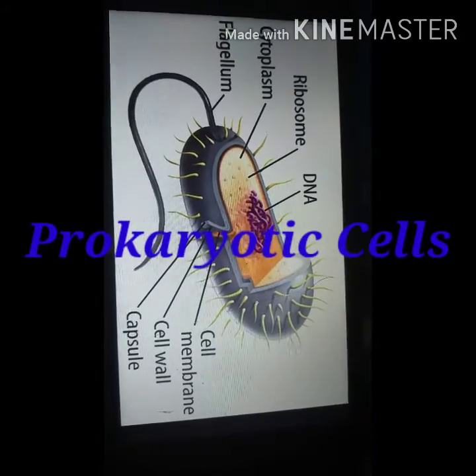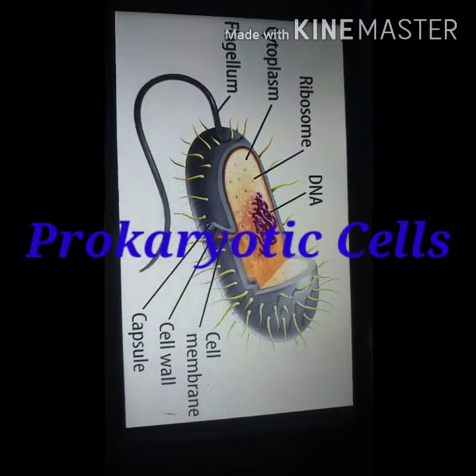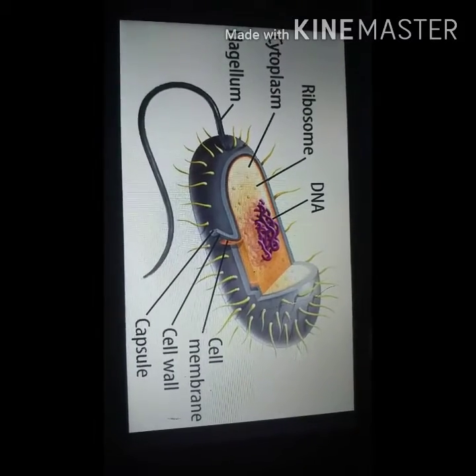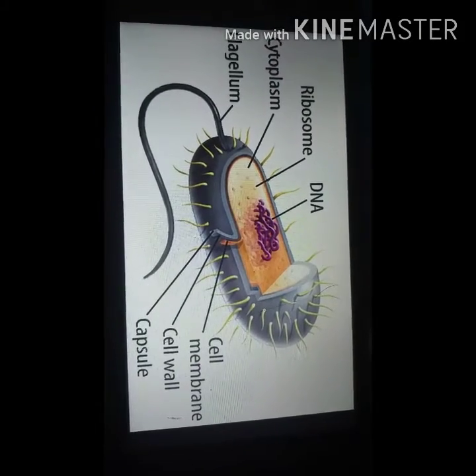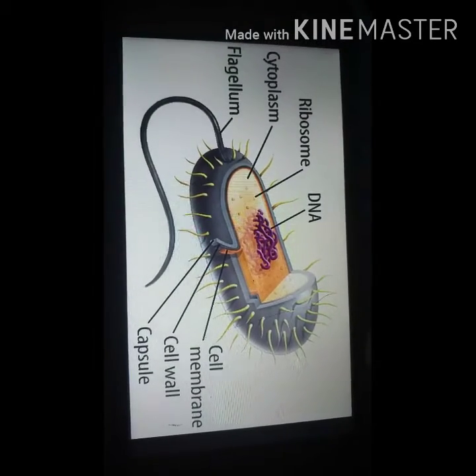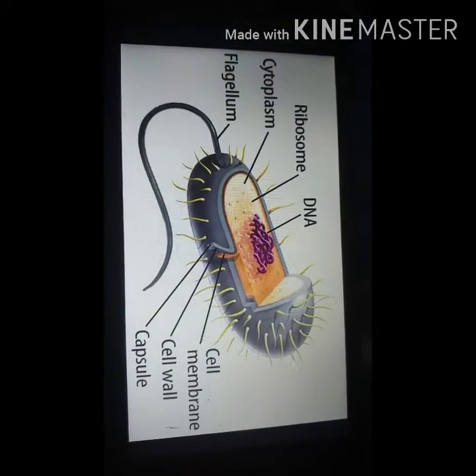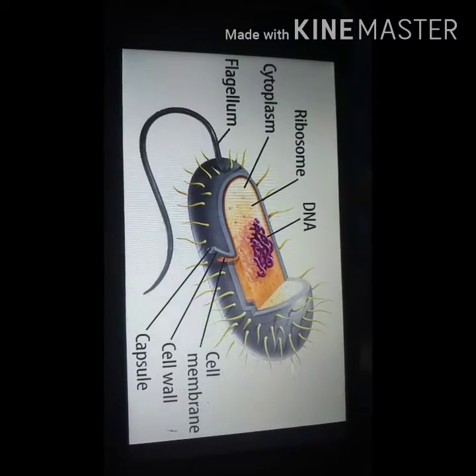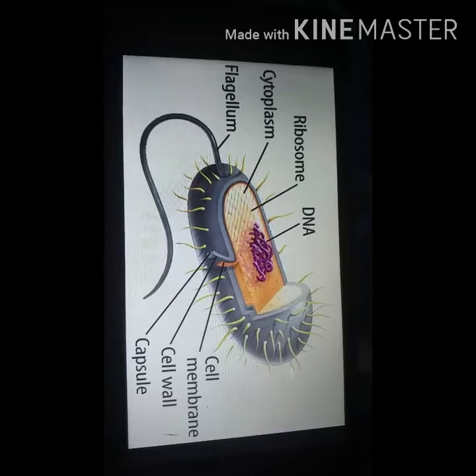Prokaryotic cells are unicellular organisms that lack a membrane-bound nucleus, mitochondria, or any other membrane-bound organelles. The word prokaryote comes from the Greek. Prokaryotes are divided into two domains, the archaea and bacteria.